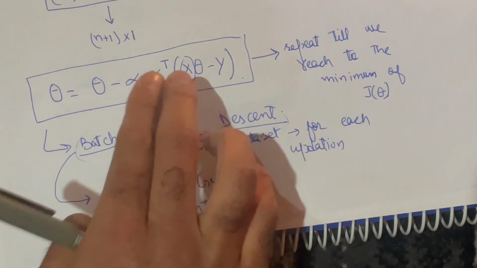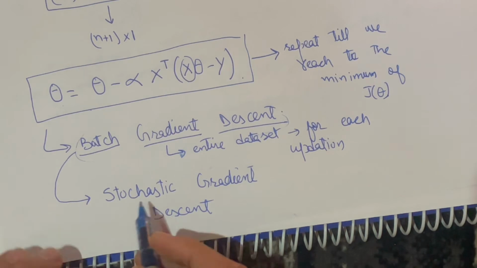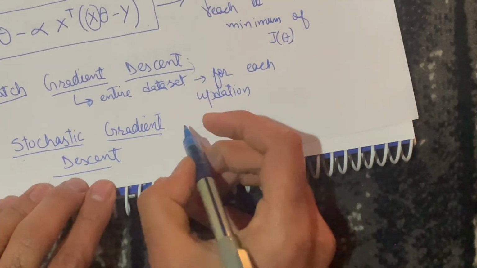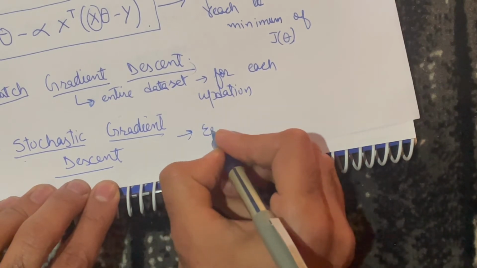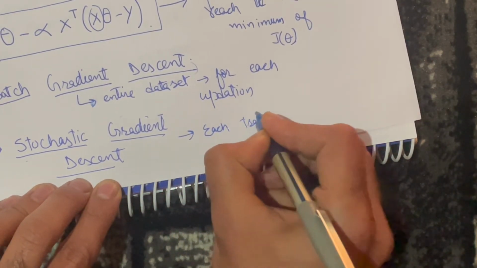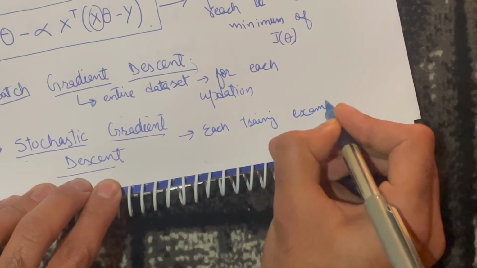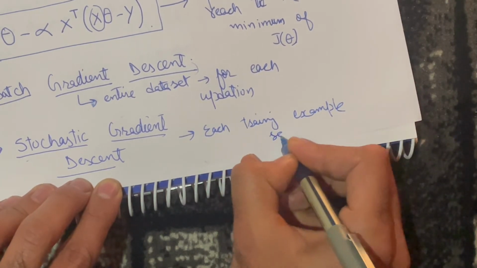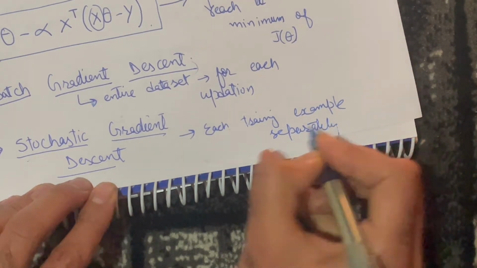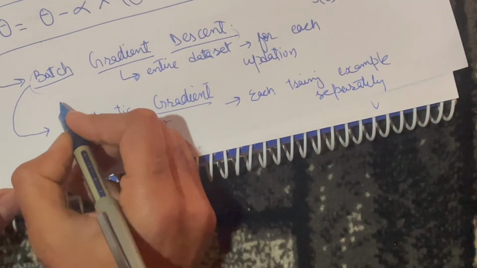So that was its disadvantage as well. However, in stochastic gradient descent, we are using each training example separately. We are not using the entire data set. Stochastic we can also say random.